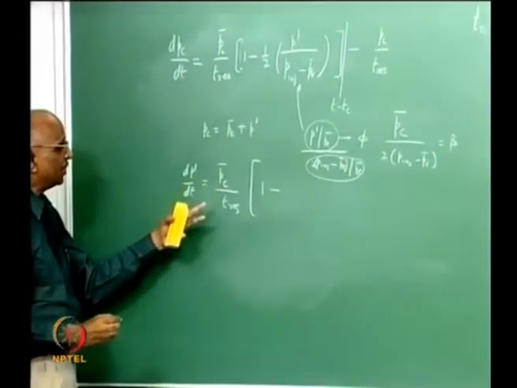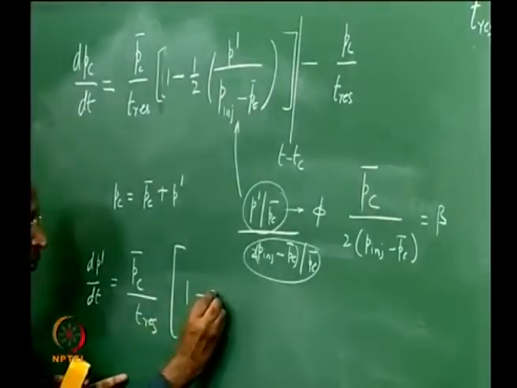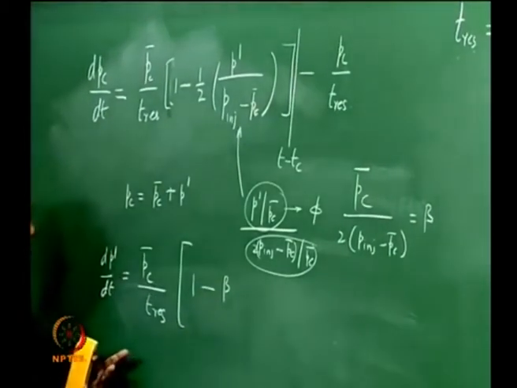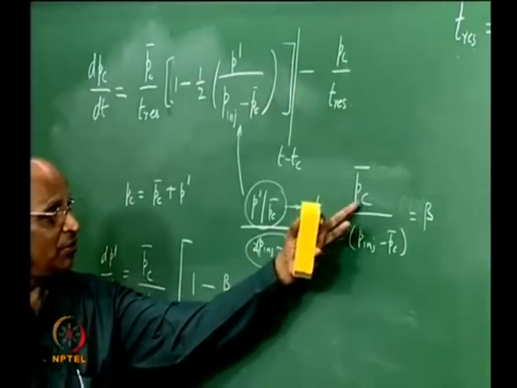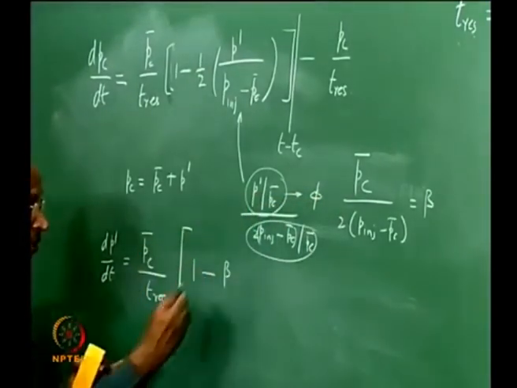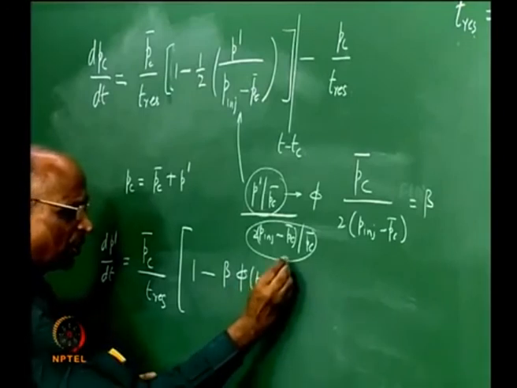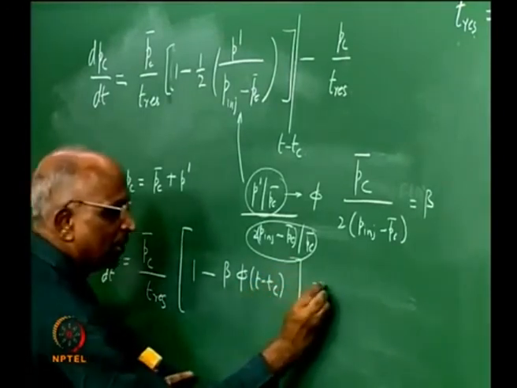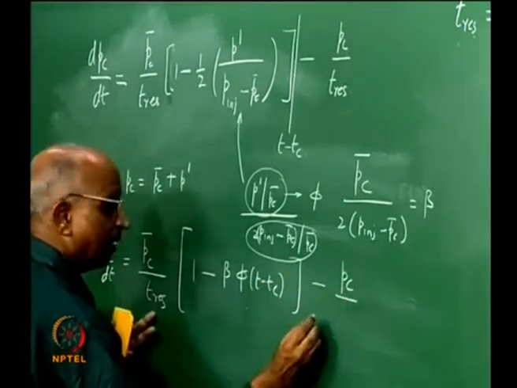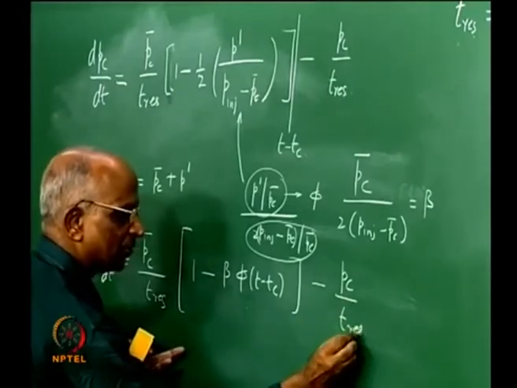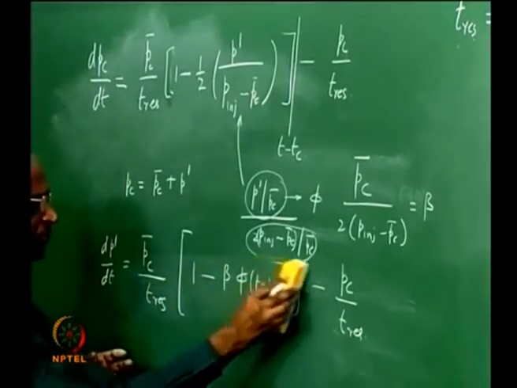I can write this equation as 1 minus the value of beta, which is just the steady values, phi denotes the perturbation, and it is phi of T minus Tc, minus the value of Pc divided by T residence, and this is my final form of this equation.